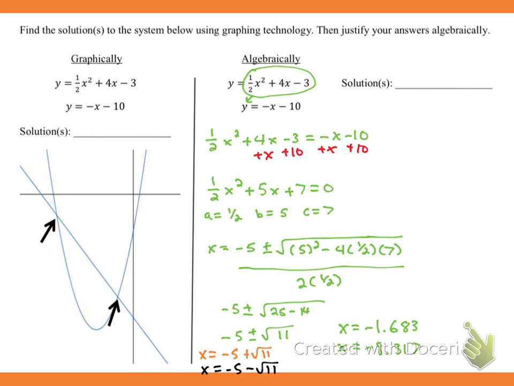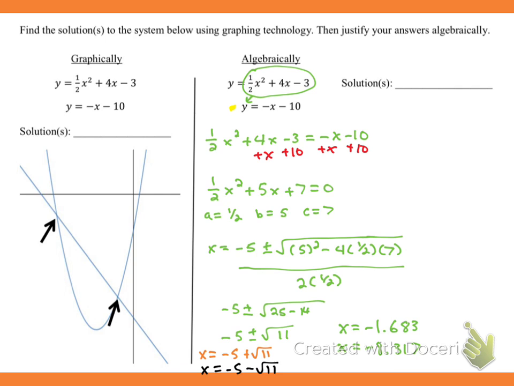You're on it, Caitlin. All right, so next part here, we're going to plug them in for x to get the y. I would plug it into the linear equation here. Oh, negative 8.317. Okay. When we plug this back in, I'd plug it into the linear.